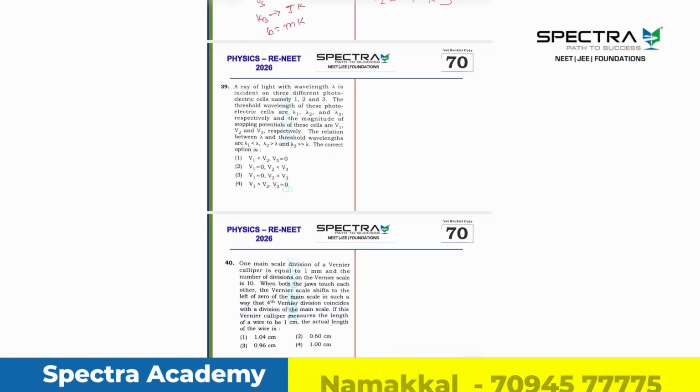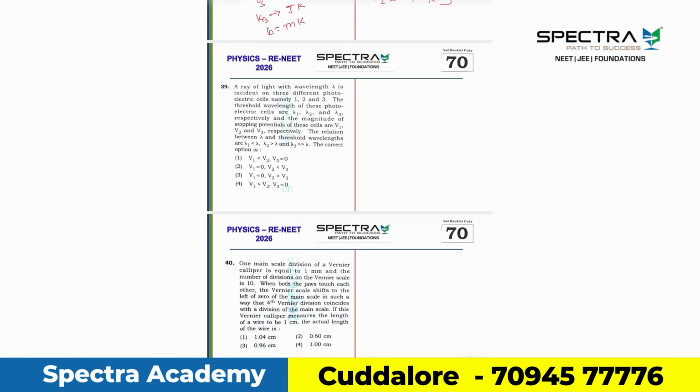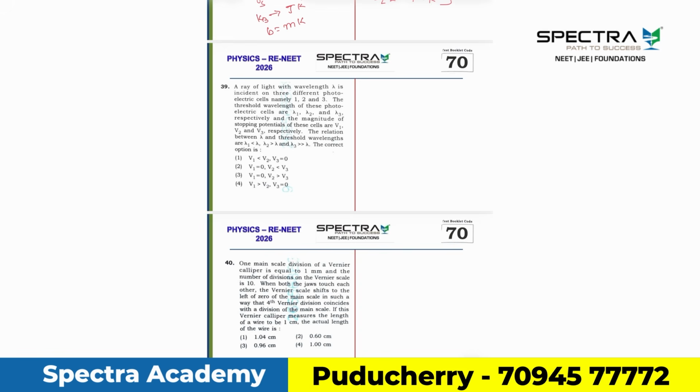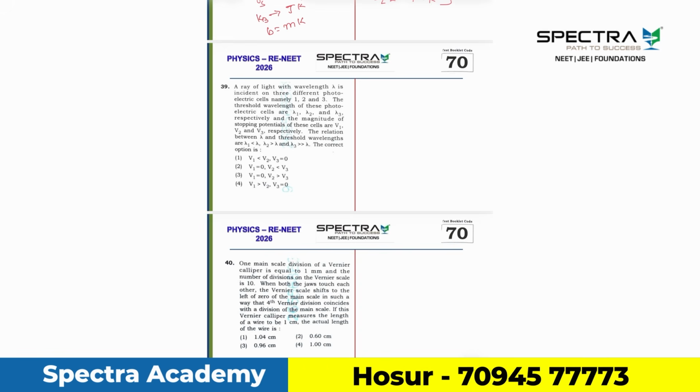The relation between lambda and threshold wavelength: lambda 1 less than lambda, lambda 2 greater than lambda, lambda 3 far greater than lambda. The correct option between the stopping potentials they are asking us to find.